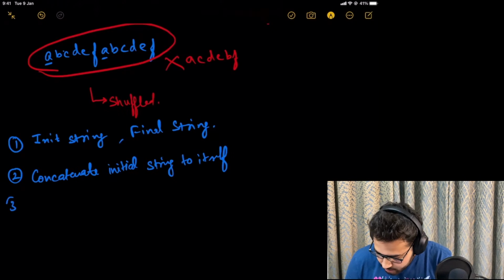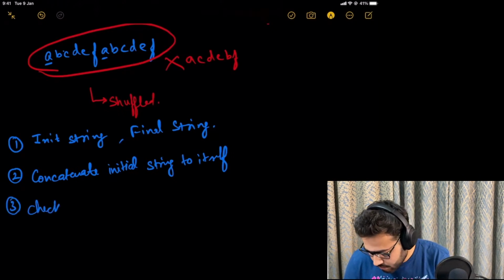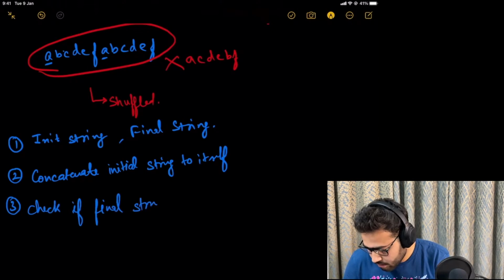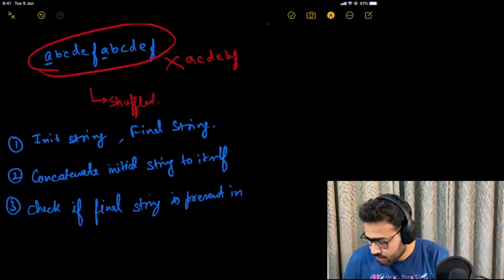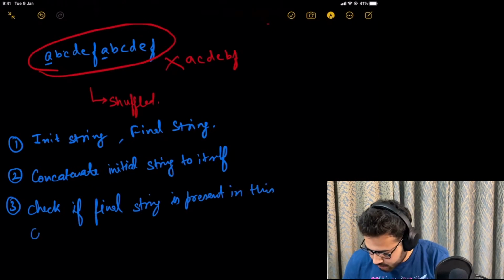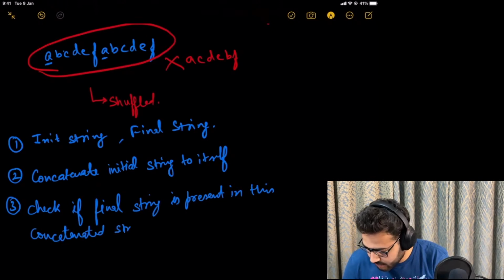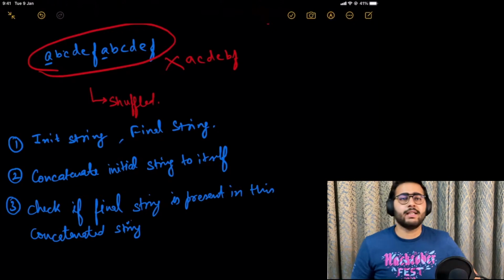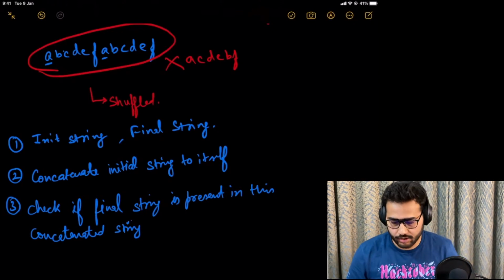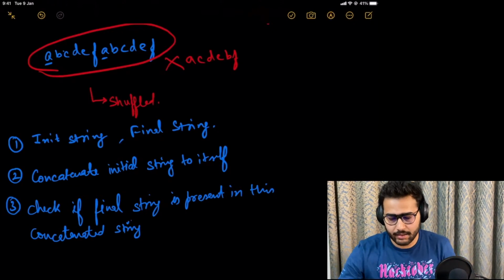Check if the final string is present in this concatenated string, right? So this is a very general algorithm for checking if a string is a rotation of another string or not. Okay, so that's the idea behind this problem.